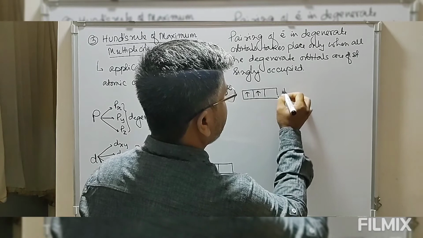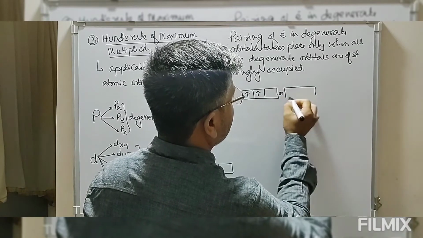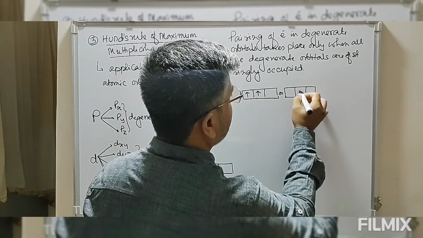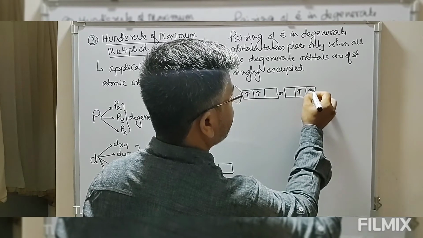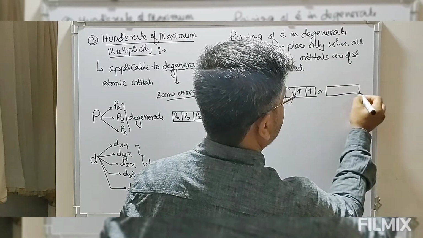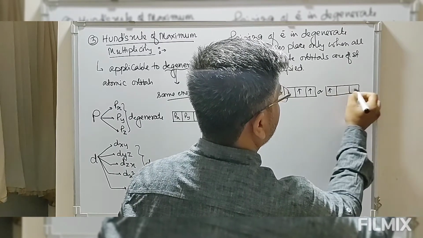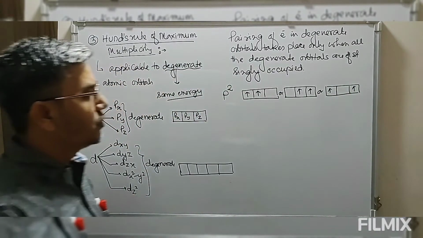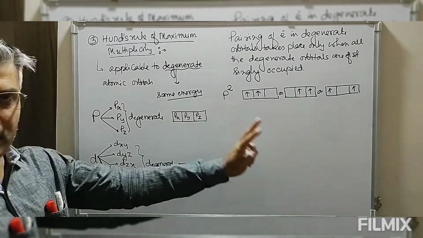Now look at this, these two electrons may occupy this, or we may have this. So this is one of the possibilities.